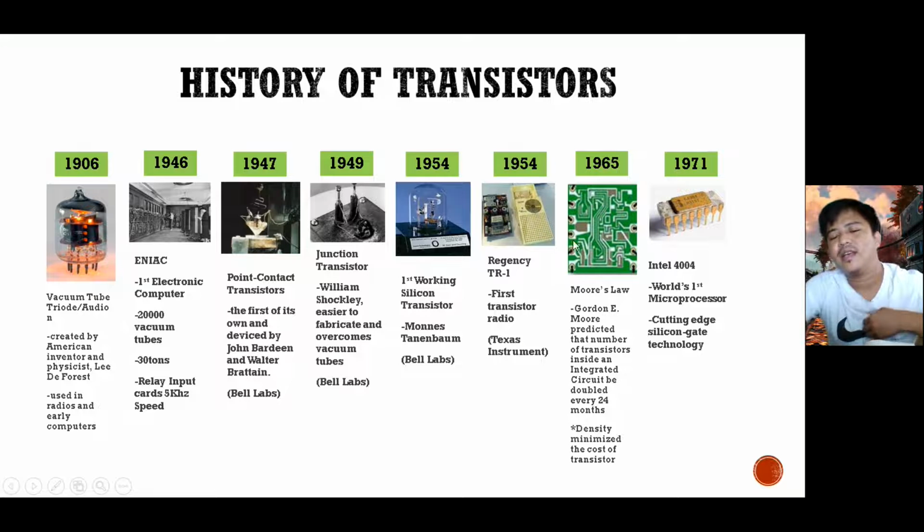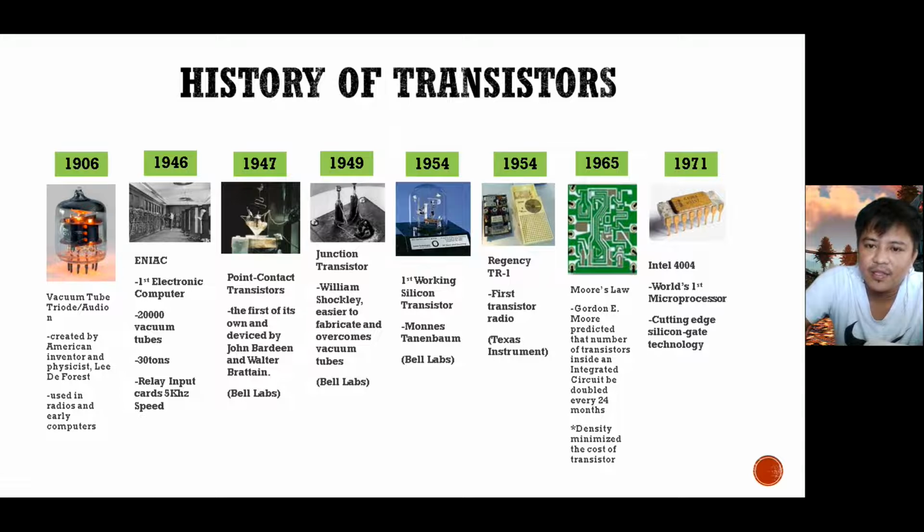Also in 1954, the Regency TR1, the first transistor radio, was developed by Texas Instruments. And like I said earlier, in 1965, Gordon E. Moore, also from the team of John Bardeen at Bell Labs and later the founder of Intel, predicted that the number of transistors inside an integrated circuit would double every 24 months, and that the density would minimize the cost of each transistor.